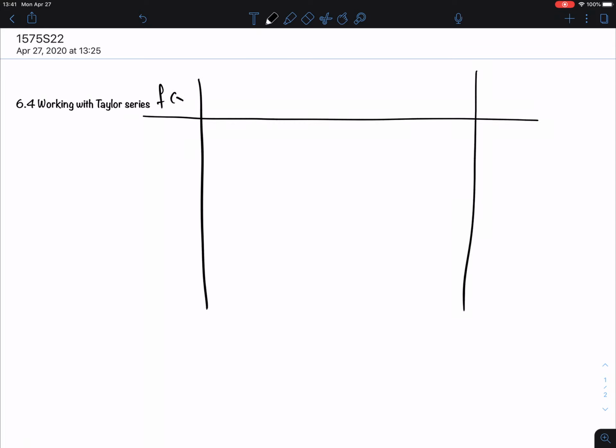So here is f of x. And the first one we discussed already in 6.1 or 6.2 was 1 over 1 minus x, the geometric series. And we had this formula for the series for this. And so that's the Taylor series or Maclaurin series, because everything that I'm doing here is centered at 0. I could work with other centers, but in this section, I'm just going to work with center 0.